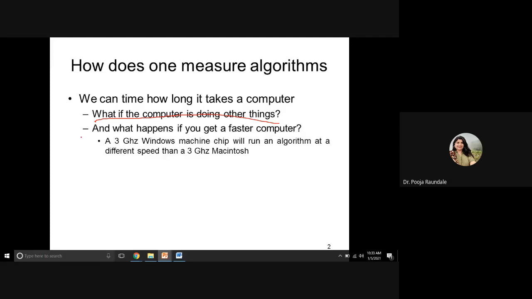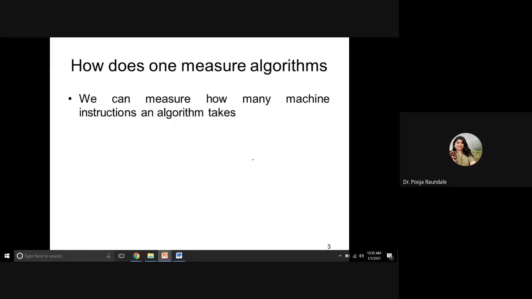Computer to computer speed varies, right? So it's not a good idea to look at the time taken by a computer. We can measure how many machine instructions an algorithm takes.